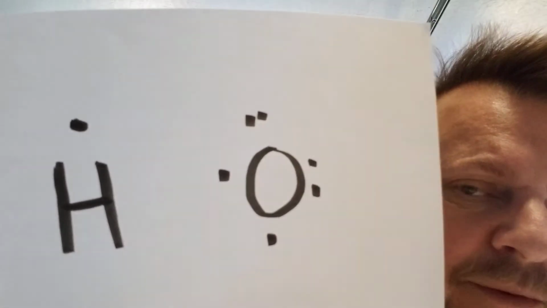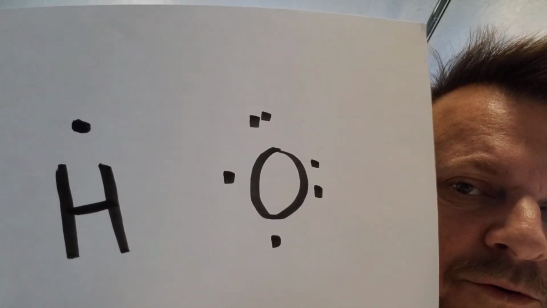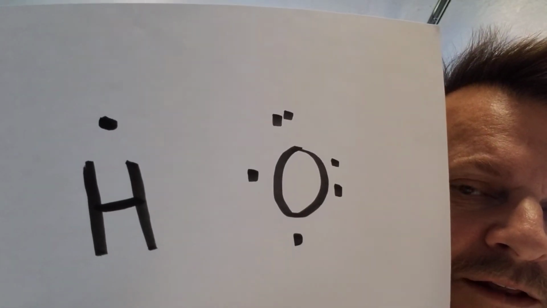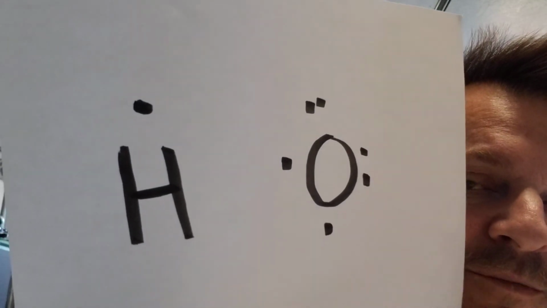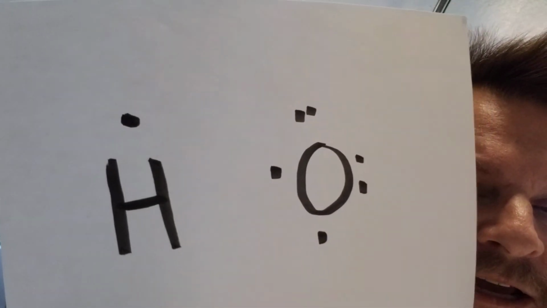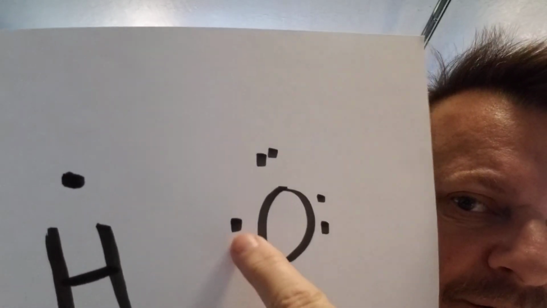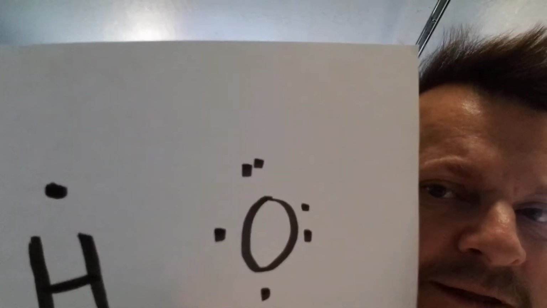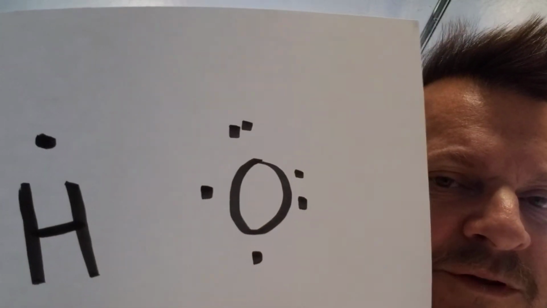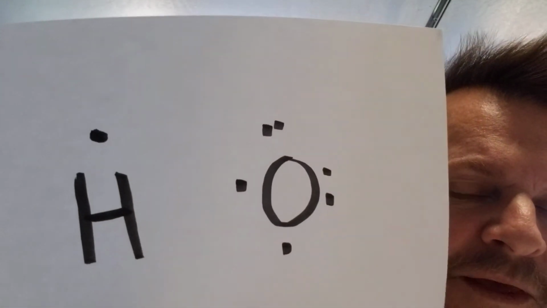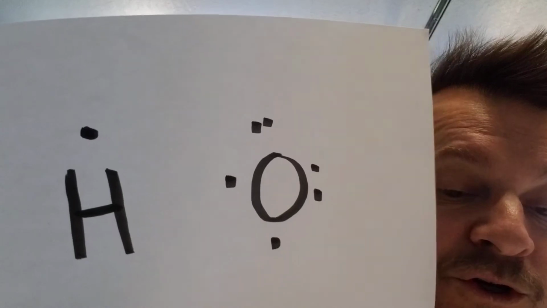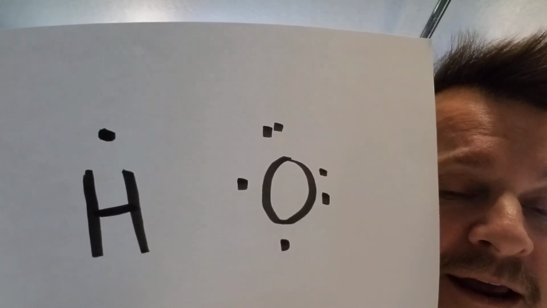And if I draw it something like this, there's my oxygen with my 6 valence electrons, and there's my hydrogen with my 1. It kind of looks like hydrogen might be able to take its electron and share it over here and fill this blank, because ultimately the elements would like to be full on the outside and have 8 if they can, or 2 in the case of helium and hydrogen.